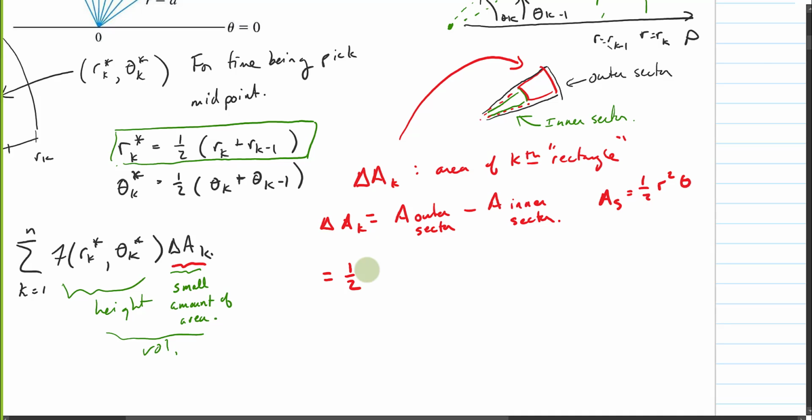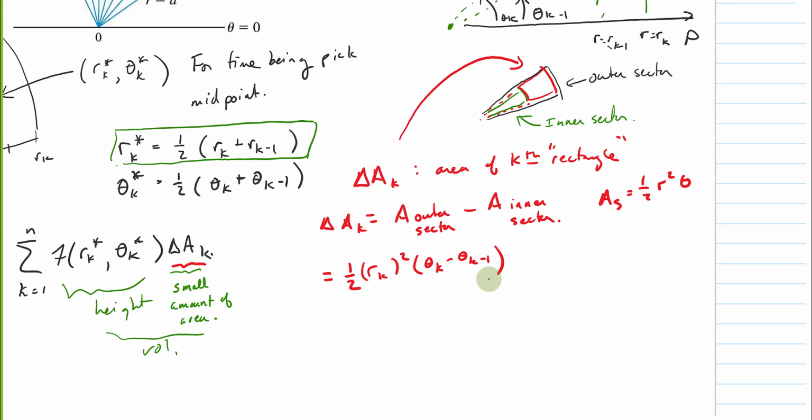So the area of the outer sector is going to be 1/2 r sub k squared times whatever the angle spanned by these two, which is theta k minus theta k minus 1. That's the area of the outer sector. Anyone have any questions on that? I could see where you might have a question on that.